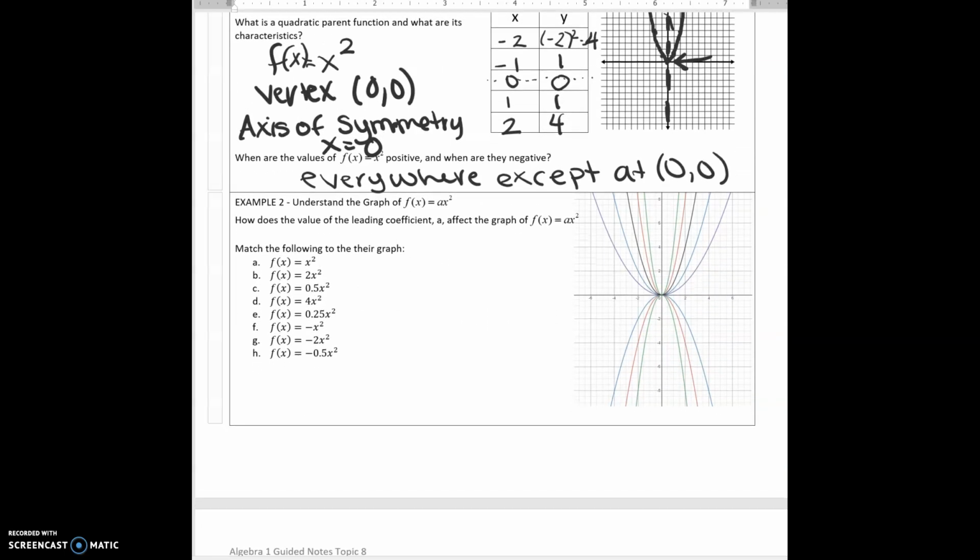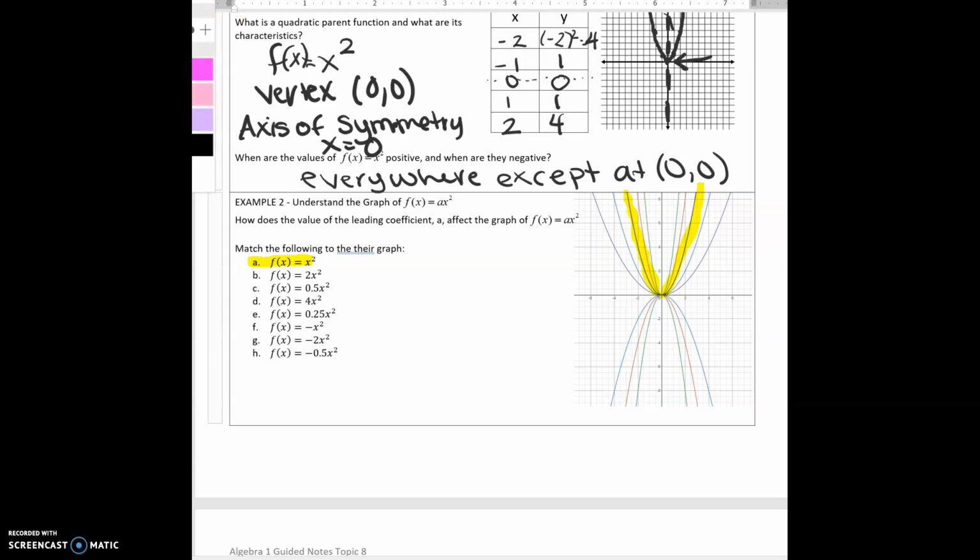Then we did this in class where we matched all of these to one of these here. So I'm going to go ahead and just label them and talk through. Let's use a highlighter. This first one is our parent function, and that is right here.